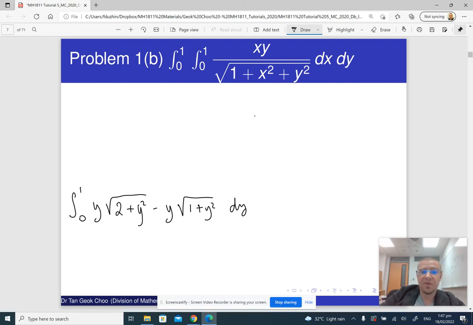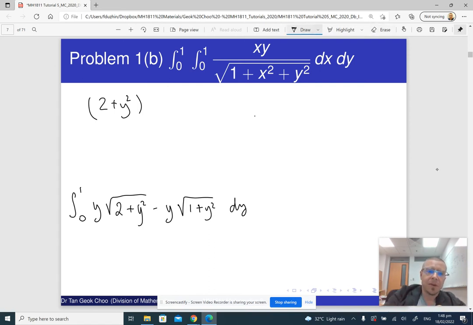So what you see here is 2 plus y squared raised to the power 1 half, right? So you can guess the antiderivative of that is going to be the same thing, only you need to add 1 to the exponent, because this is how you anti-differentiate a power function.